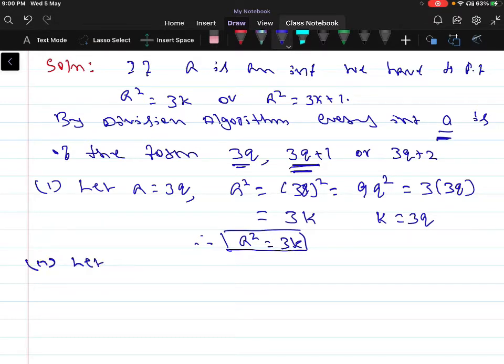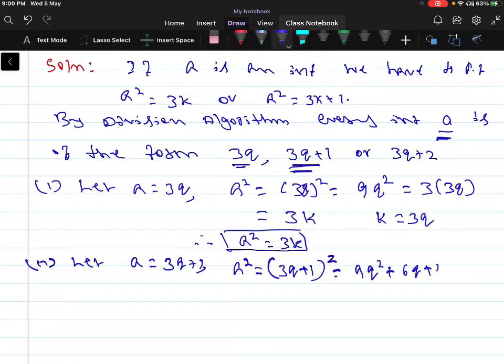Now let us consider when a is equal to 3q plus 1. Let a is equal to 3 times of q plus 1, then a square is equal to 3 times of q plus 1 whole square, that is equal to 9 into q square plus 6 into q plus 1. So this can be written as, take 3 common in the first two terms, 3 times of 3q square plus 2q plus 1.